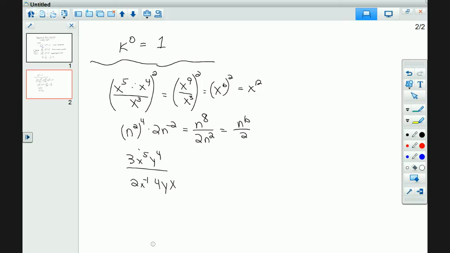Pay attention, please. Now I have two variables. Can I combine x's and y's? No, I can't. So I need to leave them separate. That's a straight line.